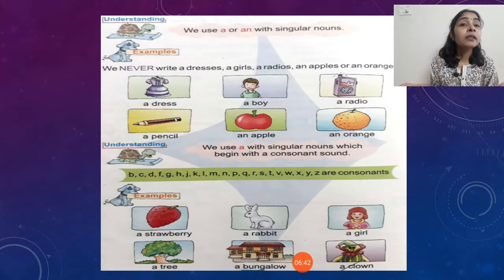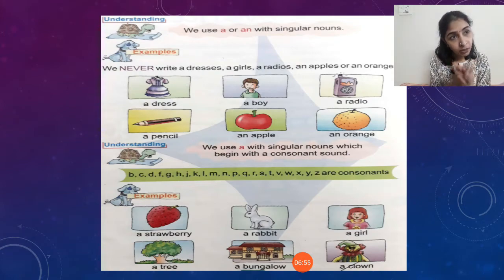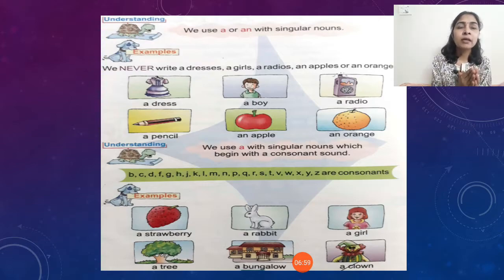Next, we use "a" or "an" with a singular noun. We use "a" with words that start with consonants, and "an" with words which start with vowels. So this is very much clear to us. Let's go through the examples quickly: a dress, a boy, a radio, a pencil, an apple, an orange.